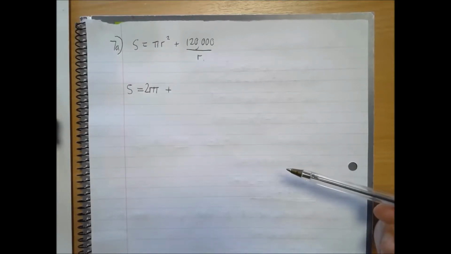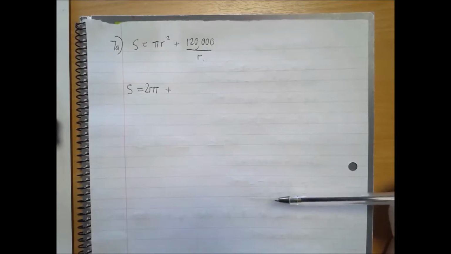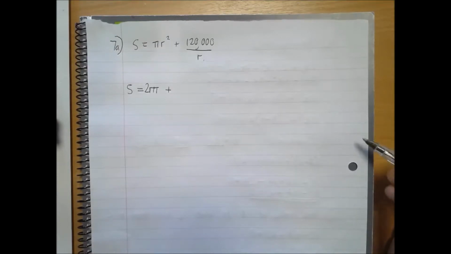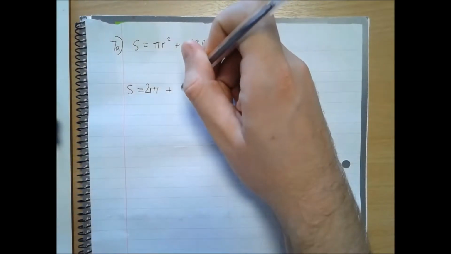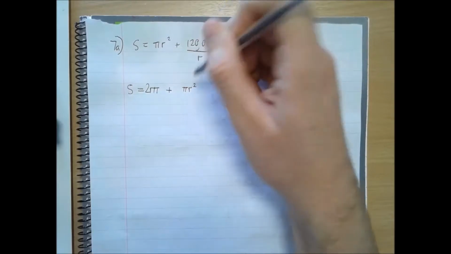Now, we've got to be really careful here because you've got to look at the question. They're saying that the barrel has a base but no lid. So, in normal circumstances, the surface area of a cylinder would involve working out the top and the bottom. However, in this case, it hasn't got a lid, so we're only after one of the circles. And of course, we know a circle is just pi r squared.